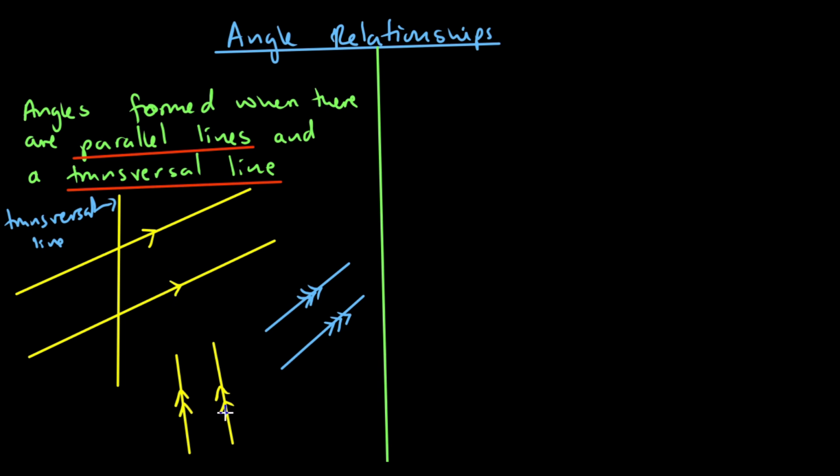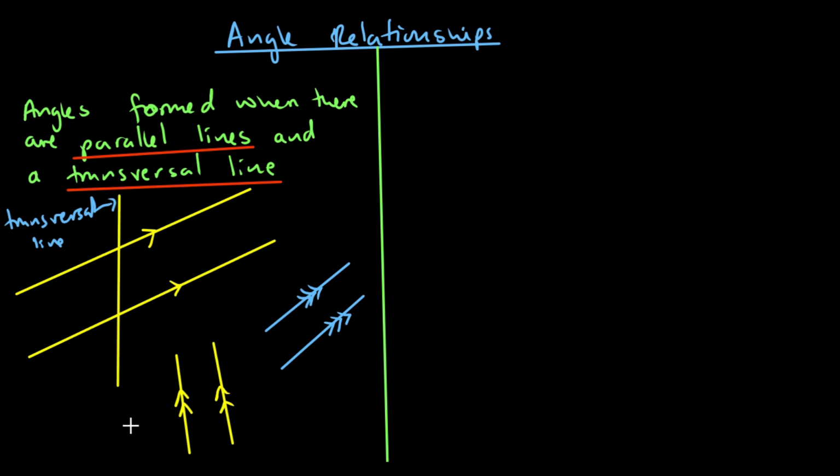This and this are parallel because the double arrows are showing us that they are parallel. These have triple arrows, so these lines are parallel as well. So ladies and gentlemen, we never have to assume that lines are parallel, because in mathematics we have to be told. That's clear? Okay, now let's move on.